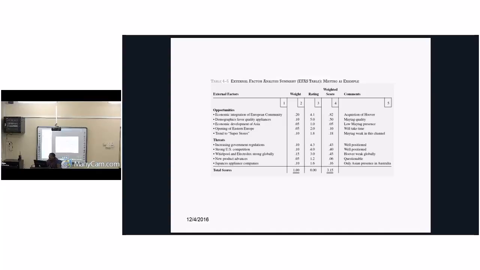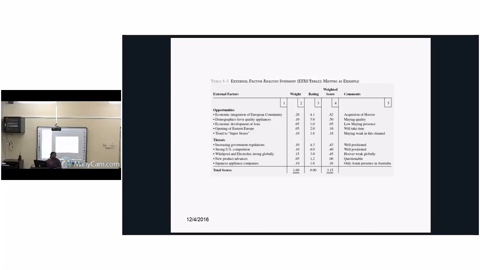The actual ranking, based on the importance, you can rate these opportunities and threats, and multiply the rating by your given weight, and you can have the weighted score.